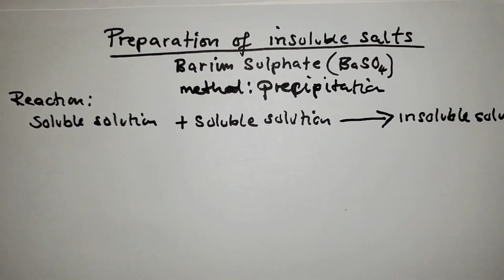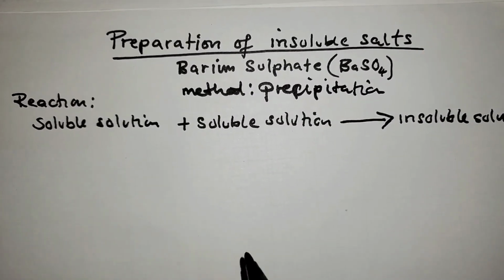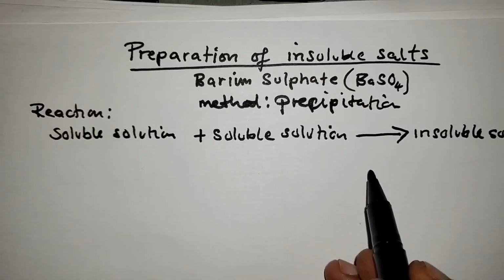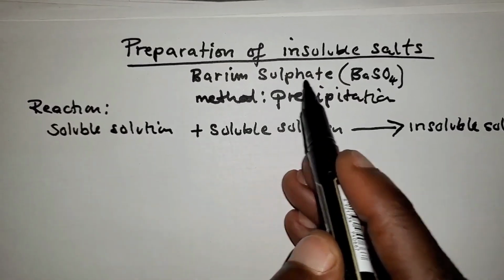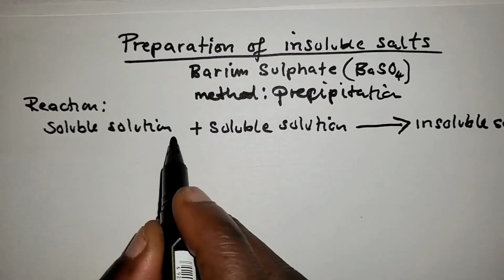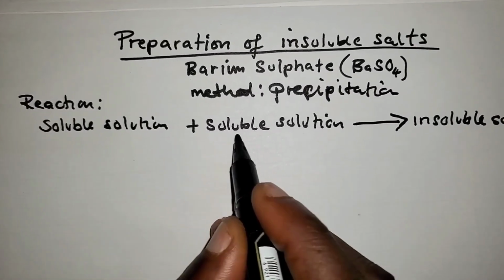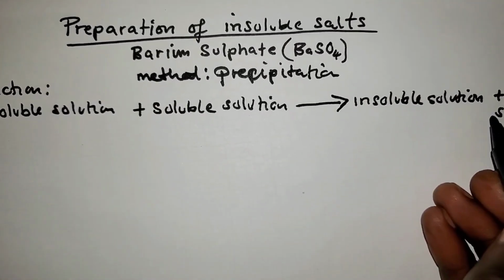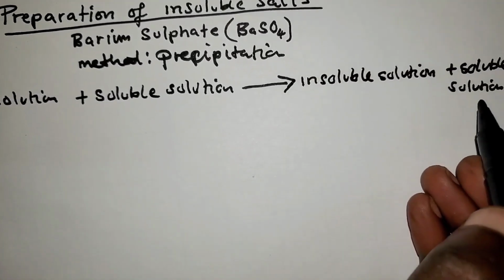Okay, now look at this. The format for you to prepare an insoluble salt is that you need to have a soluble solution reacting with another soluble solution to form an insoluble solid and a soluble solution.